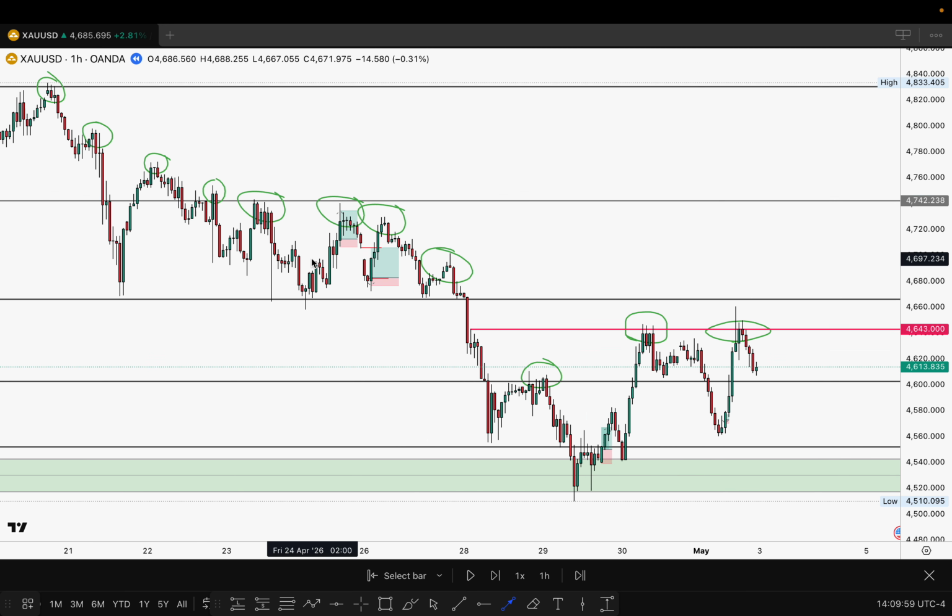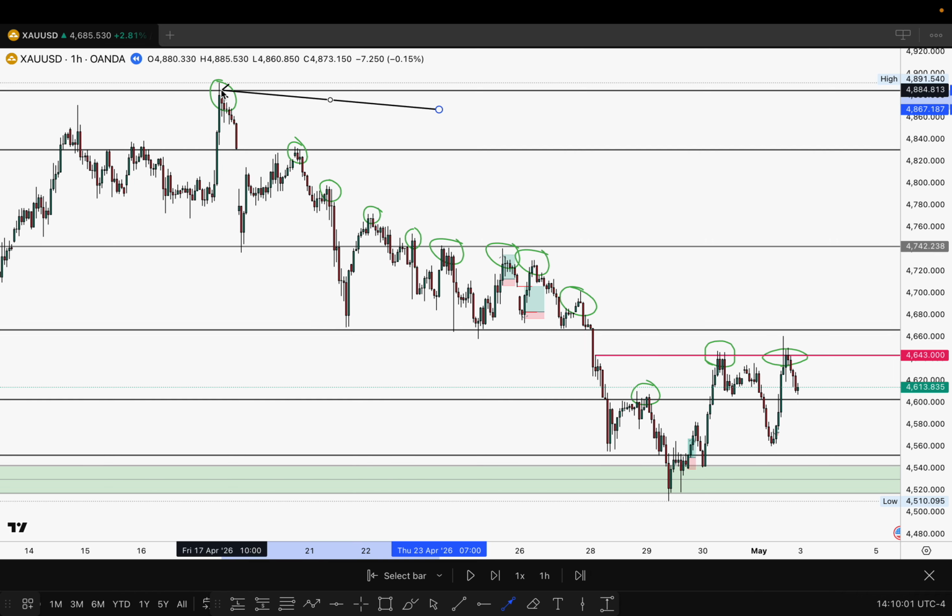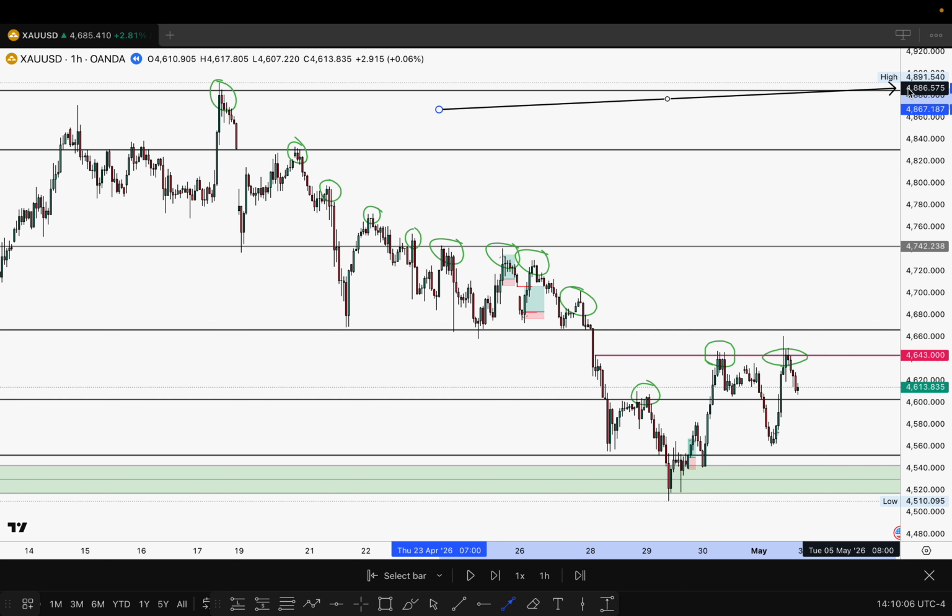So as you can see, just to break down, this was in April, we made a high of about 48.91. If we think about two things, right, it's highs and lows. The first thing that we look at on a chart is highs and lows.